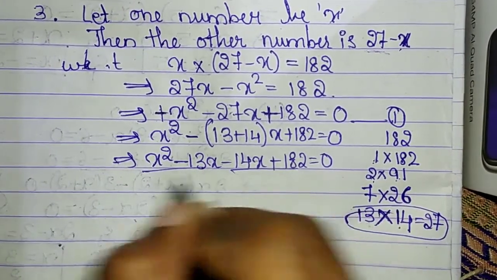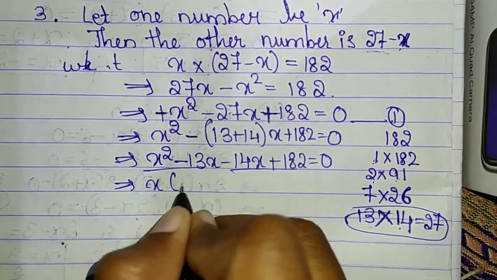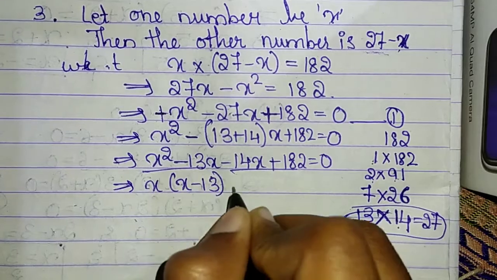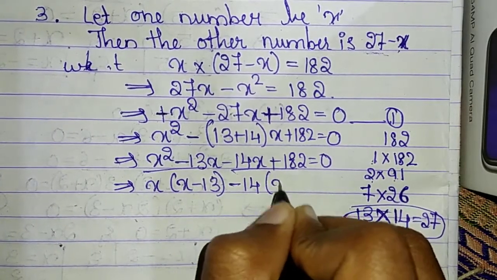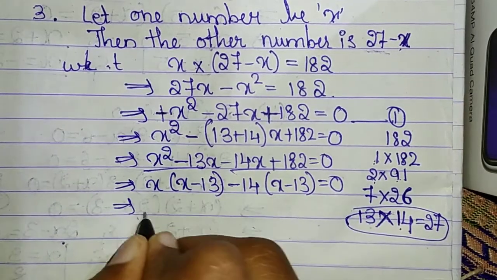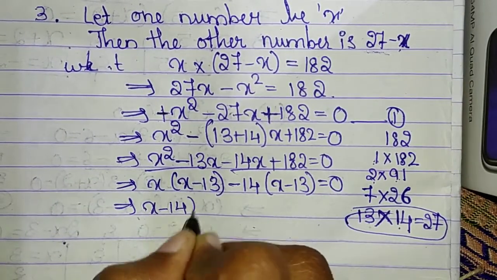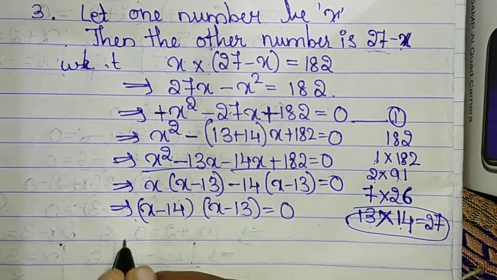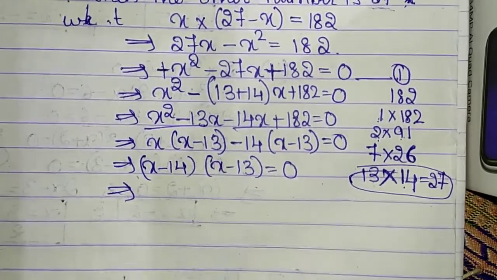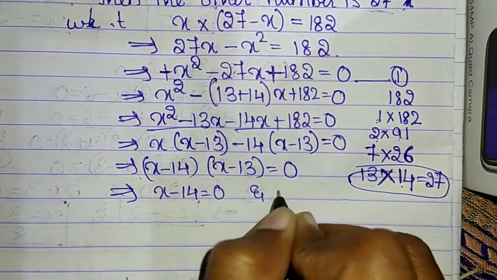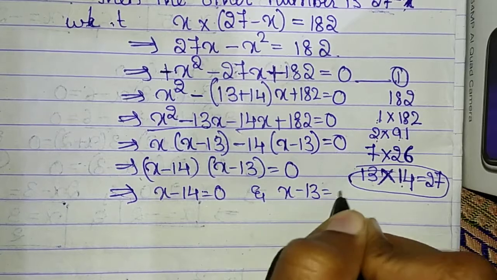Grouping them, x is common, x minus 13 is common, we get (x minus 14)(x minus 13) is equal to 0. So x minus 14 is equal to 0 and x minus 13 is equal to 0.